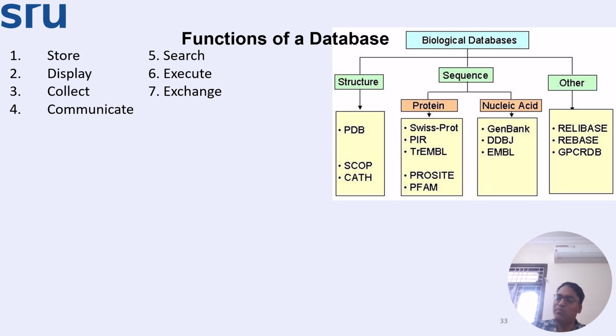Then some other databases are also there. In others, many lists are there. It's a substantial big list depending on the different classes and functions, but I'm showing three here. So Relibase is about how the proteins are involved with different ligands and other things. Then REBASE is the restriction enzyme database.